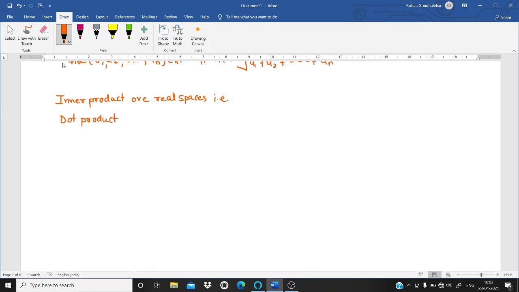So what is a dot product of two vectors? We have the vectors u and v in 2 and 3 spaces. Theta be the angle between them. Then u dot v is equal to norm u into norm v into cos theta.